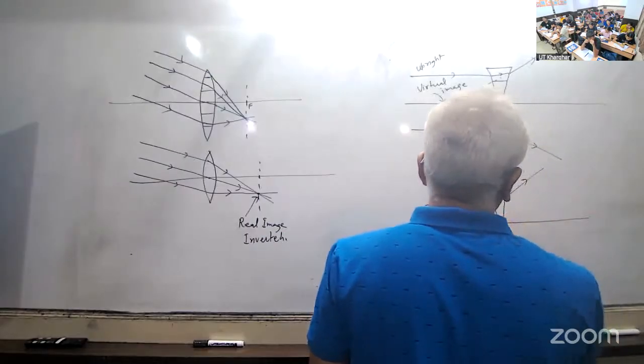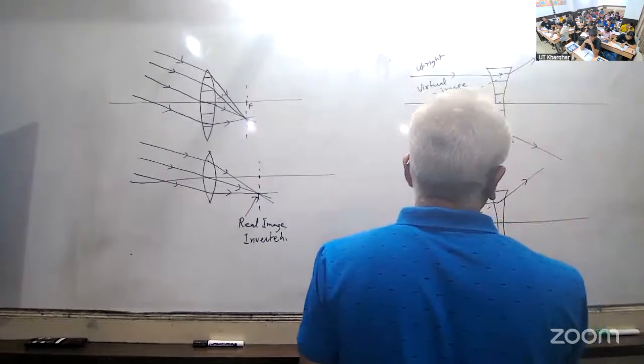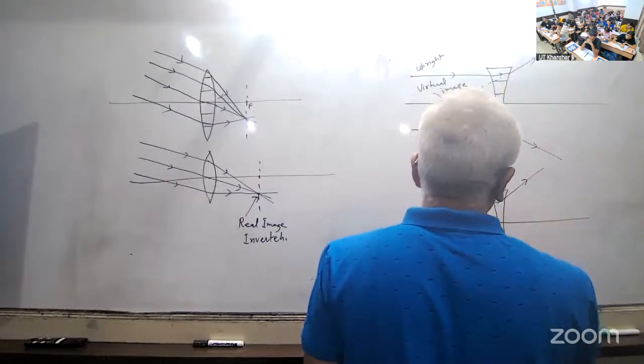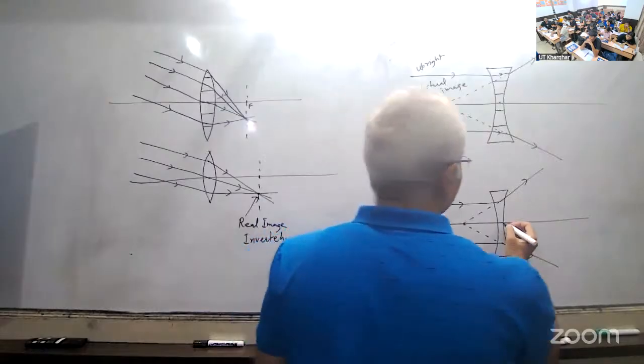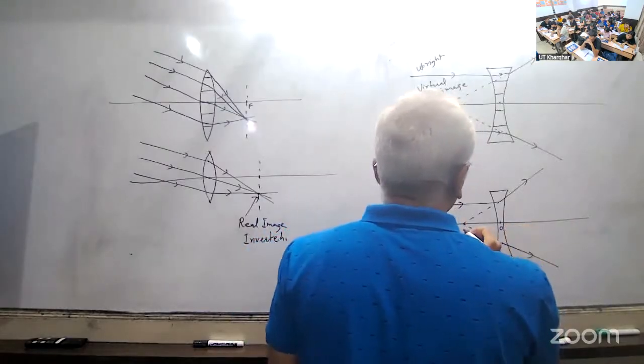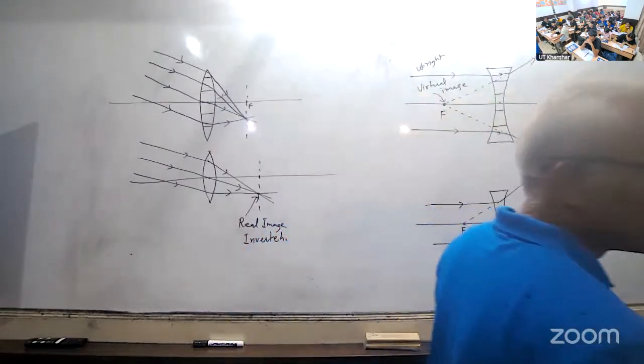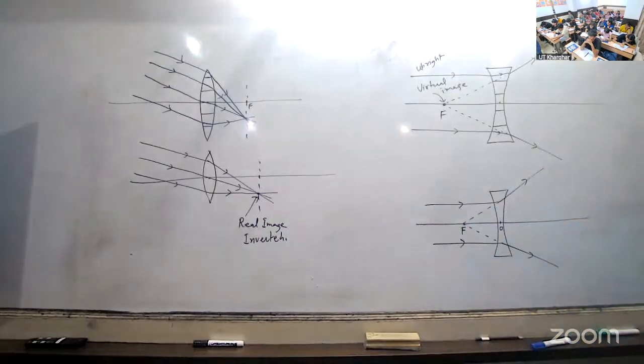Now that we know the lens action, ray diagrams will be drawn like this. Right now I have shown only one focus for simple understanding. Now we'll get into the details of what the two focuses every lens has are and why it has two focuses. So till here, are you clear?